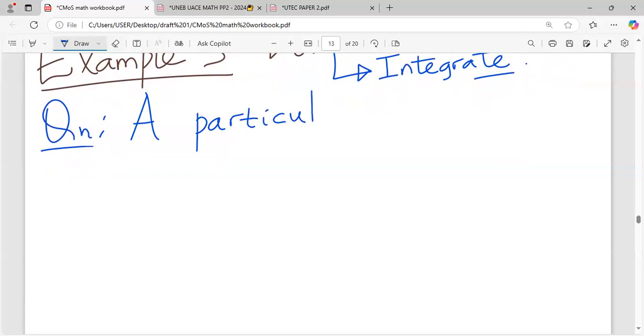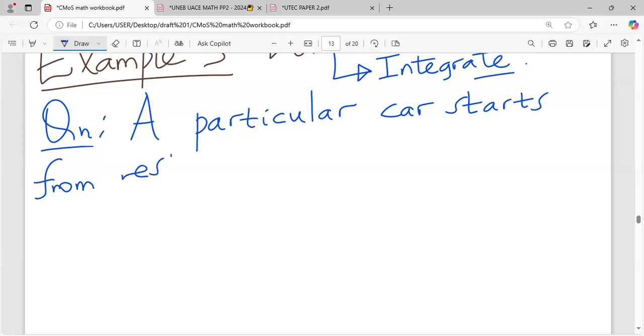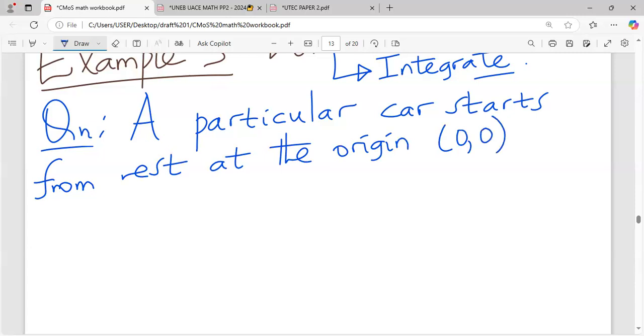So we are saying a particular car starts from rest at the origin. It is 0, 0.